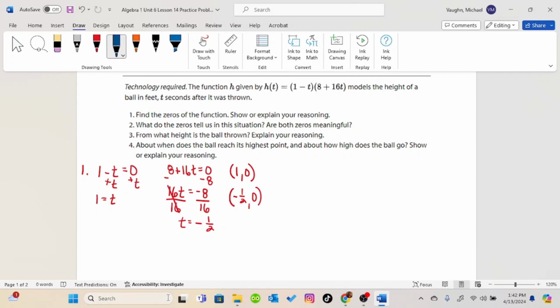Number 2. What do the zeros tell us in this situation?